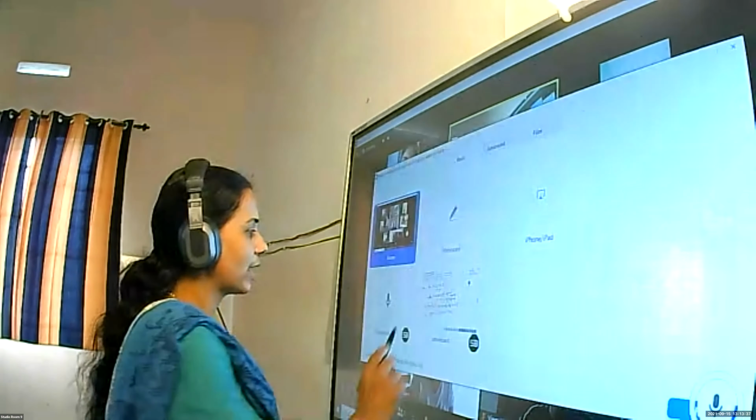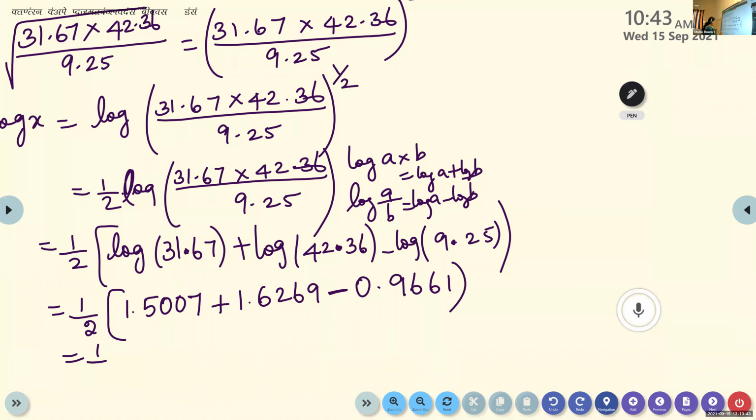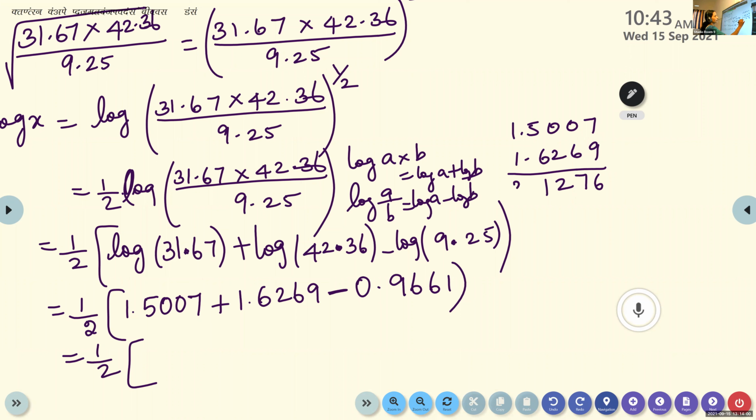Now apply the values there. We have to add all these values. It is half of the sum. You add 1.5007 and 1.6269. When you add these two values, it is 3.1276.